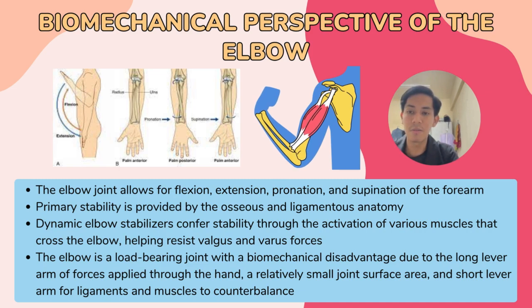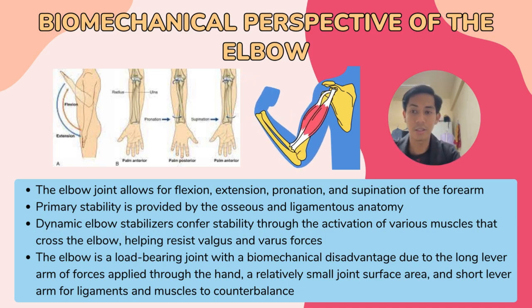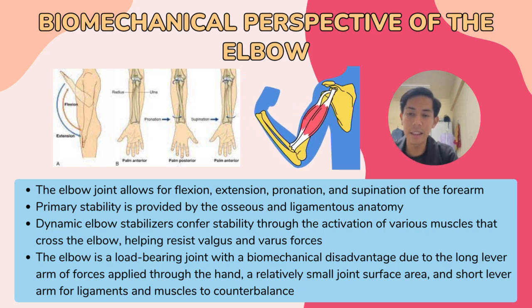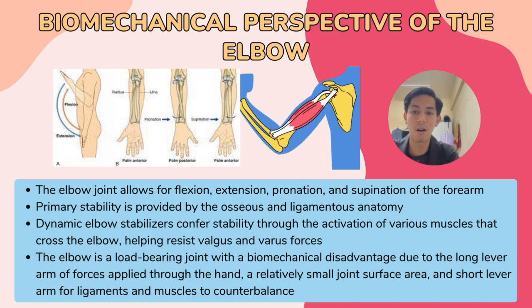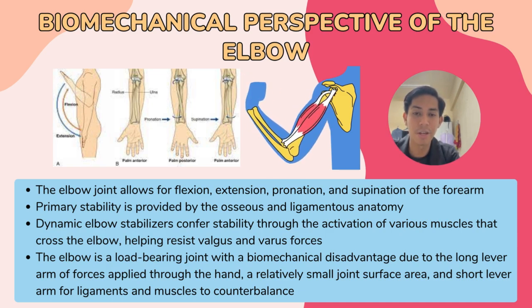The anterior part of the medial collateral ligament and the lateral collateral ligament play an important role as ligamentous stabilizers, and the dynamic elbow stabilizers confer stability through the activation of various muscles that cross the elbow, which help resist valgus and varus force.